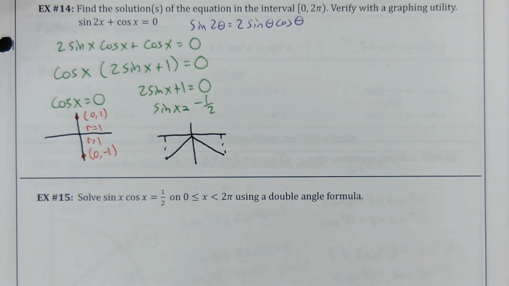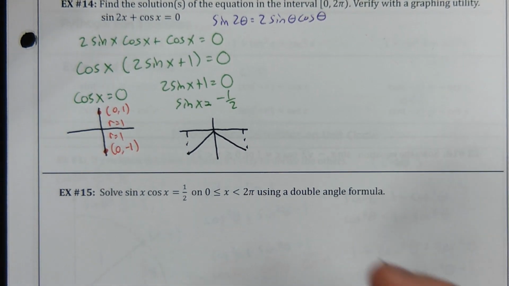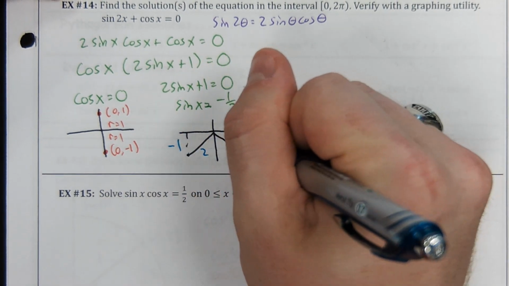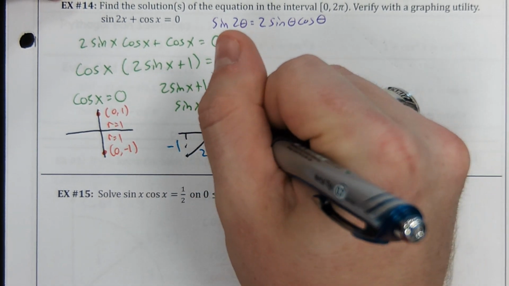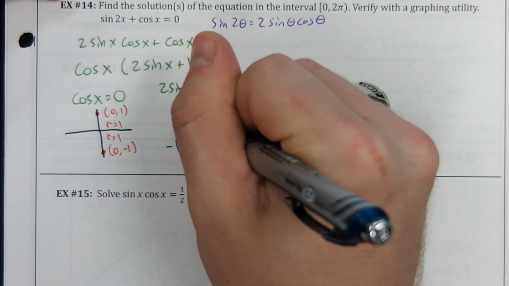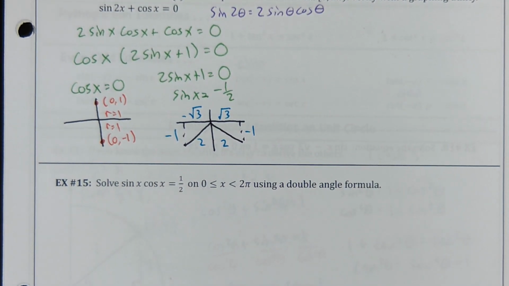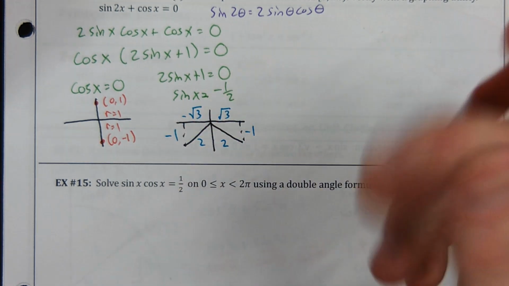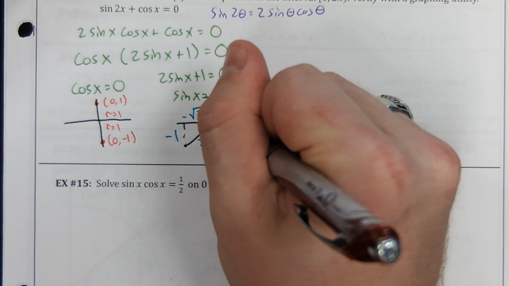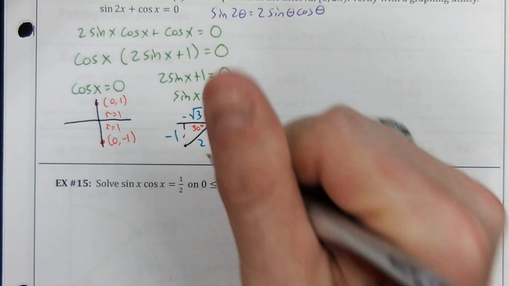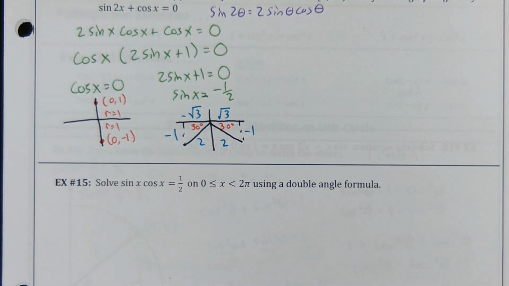My voice is struggling. These are 30-degree angles because they're across from a 1 in a 30, 60, 90. But 30-degree angles are pi over 6s. So let's write out our answers in numeric order.